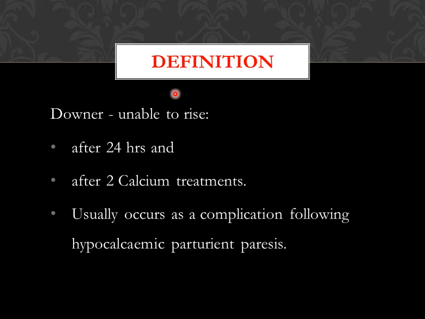Here we will see the definition of Downer cow syndrome. The word Downer means the animal is unable to rise, unable to get up. The animal sits constantly for 24 hours and is unable to rise, even after two consecutive calcium treatments.